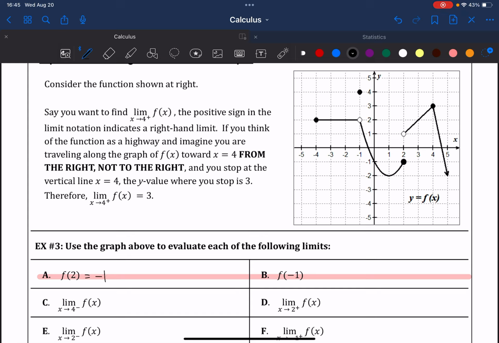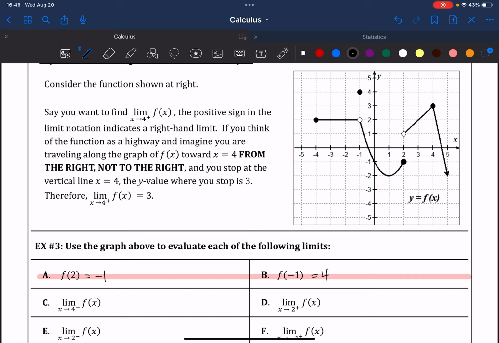And then part B, f of -1. So here's -1. We are looking to see where this function meets up on the y-axis, so we can only go up. Well, it can't be 2 because it's an open circle, so we have to continue going up to that closed dot where the answer has to be 4.